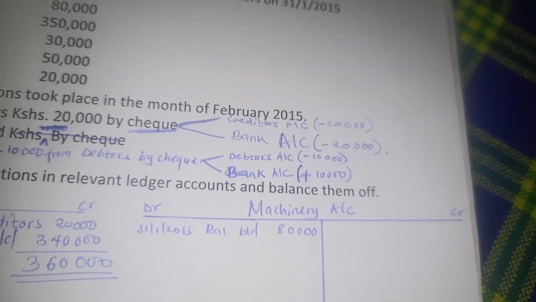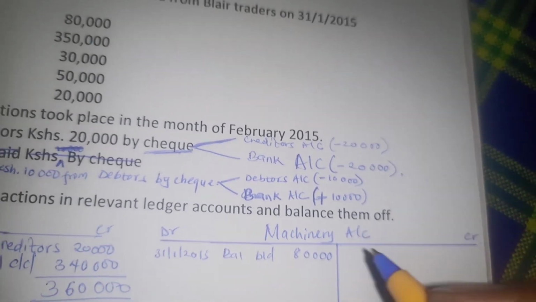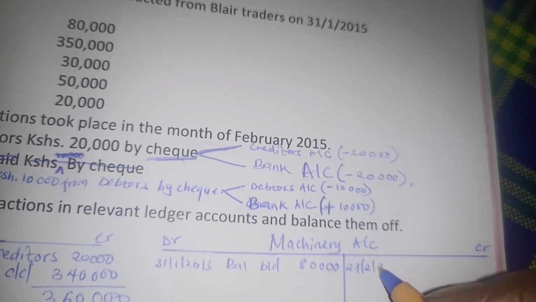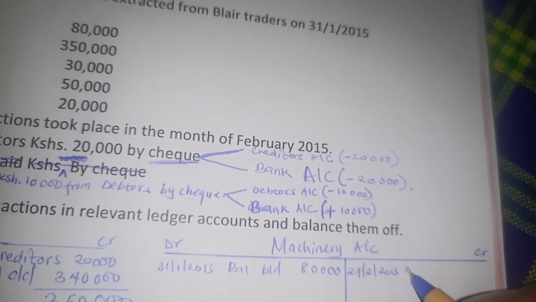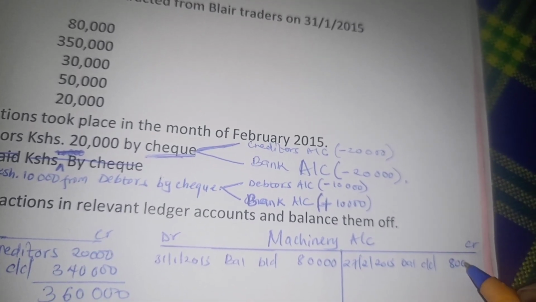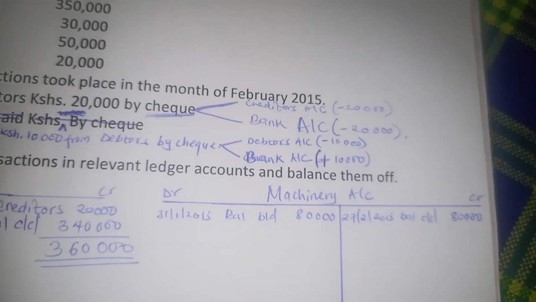Where do you place that balance? On the side with the least amount. So it is our credit side here. On 27th of February 2015, the balance to be carried down will be 80,000.